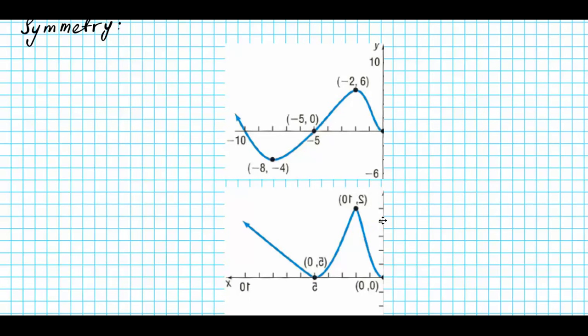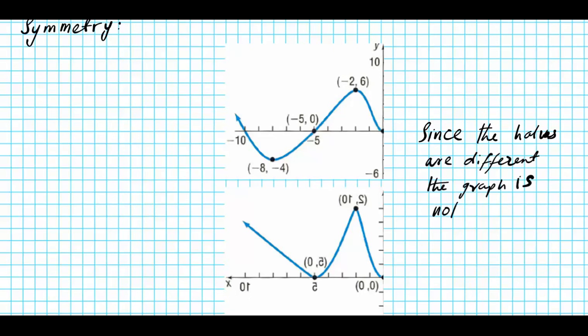So this graph is not symmetric about the y-axis, hence it is not even. Said differently, since the halves are different, the graph is not even.